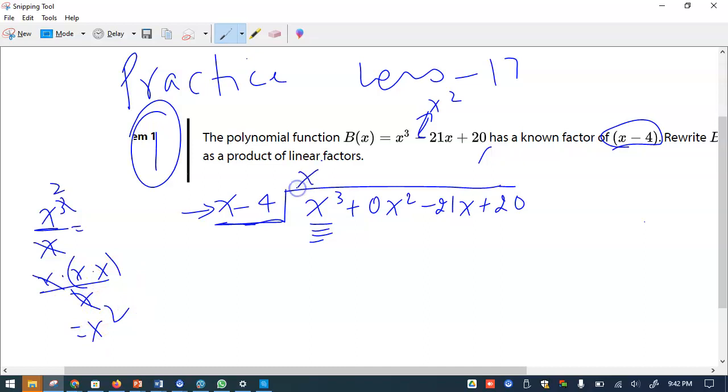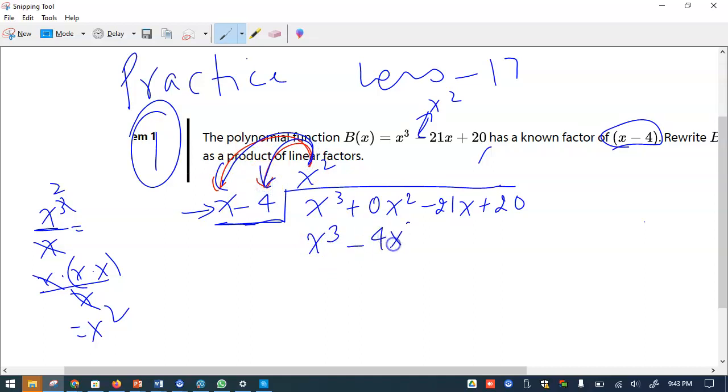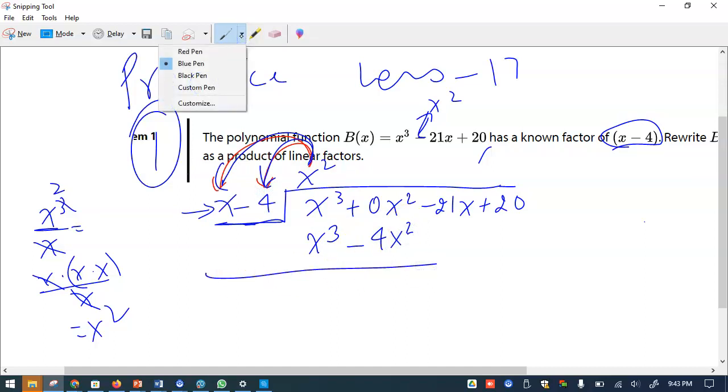You write that over the expression here, and then you can use a shortcut: multiply this to here and put it right here. When you multiply x squared times x, that is x cubed, and x squared times minus 4 is minus 4x squared. Put a line, subtract.